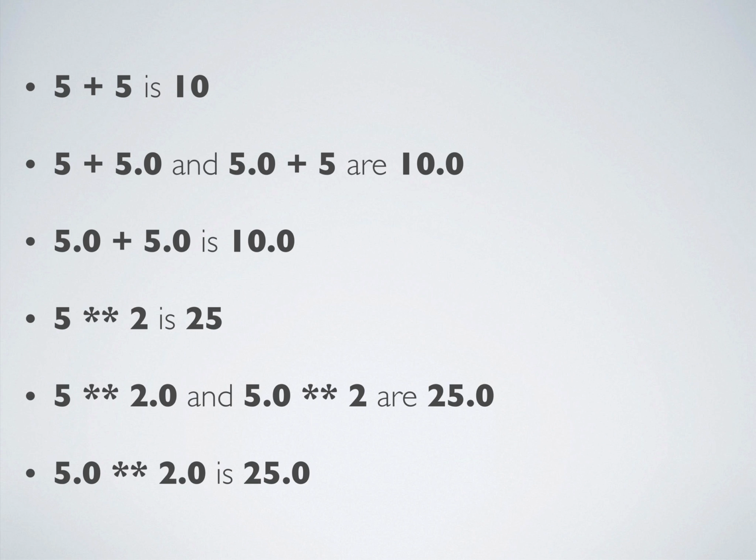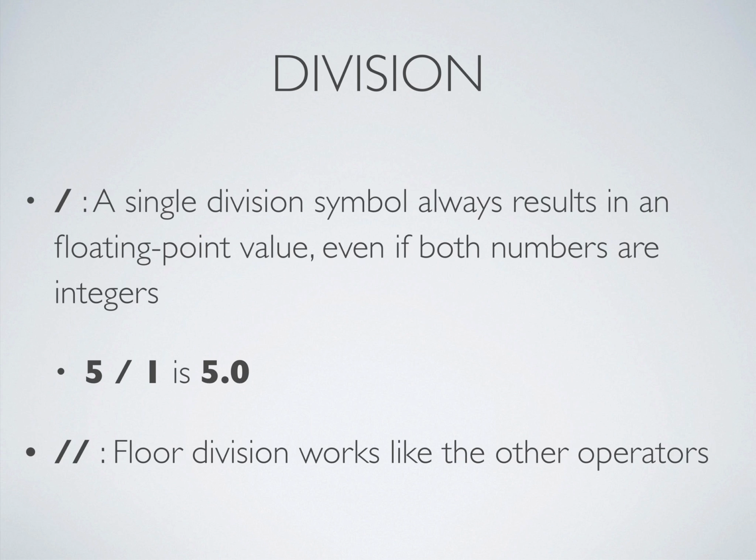Here's the exception. I said that rule applies for almost every single math operator. This is the exception, this division, a single division symbol. This is not floor division, this is a single division symbol, just one of these. It always results in a floating point value. Always.